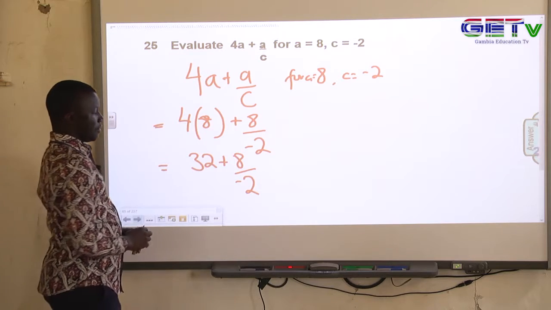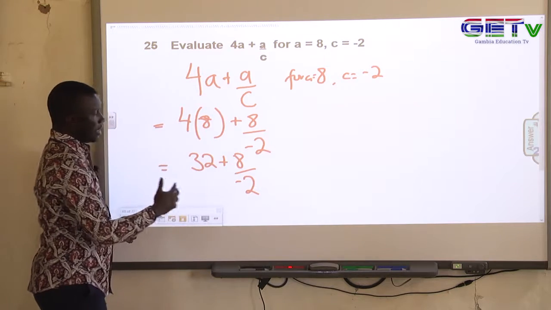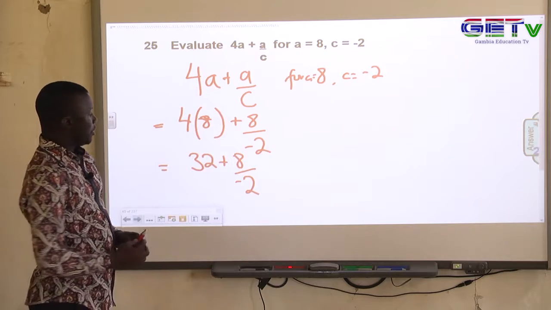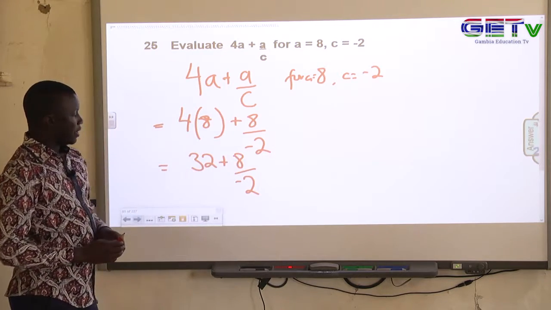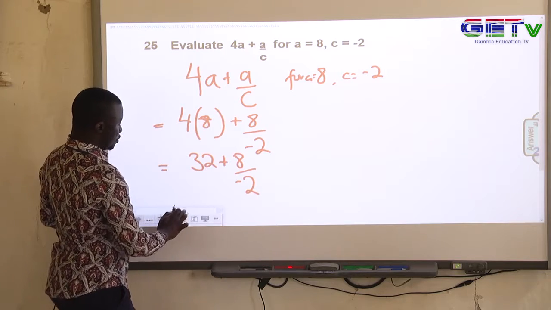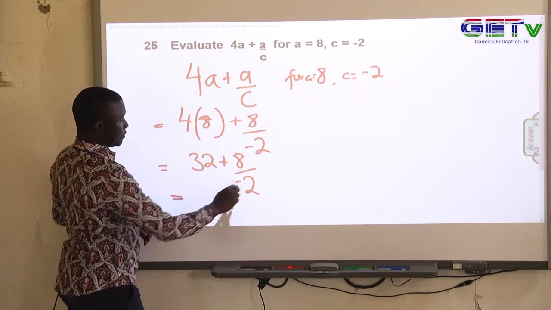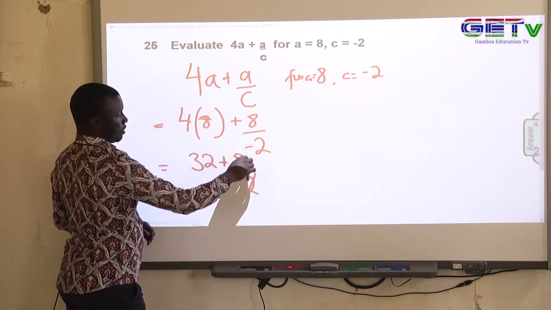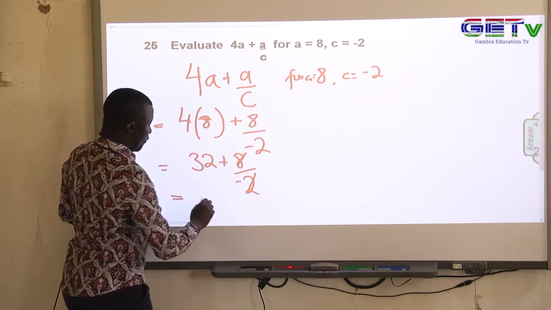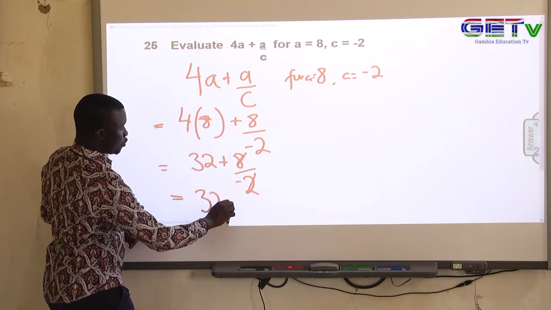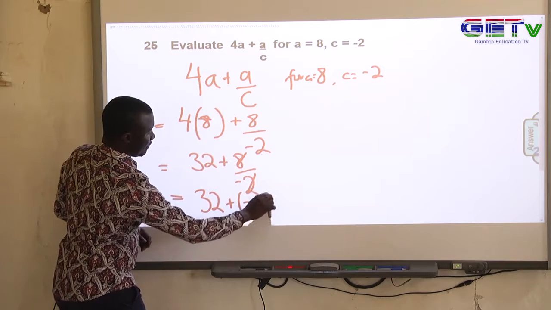Okay? Then we have to adhere to the order of operations, doing the division first, and then continue with the addition. So 8 divided by negative 2 is negative 4. So therefore we have 32 plus negative 4.